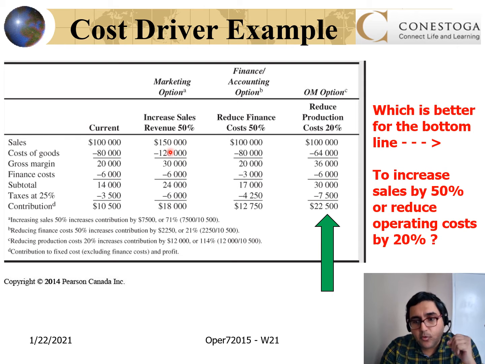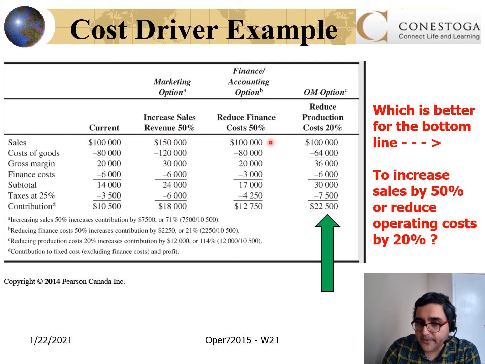But if you want to sell this many products, your COGS also will increase. In the place of 80,000, it has gone to 120,000. Your contribution has jumped from 10,500 to 18,000.